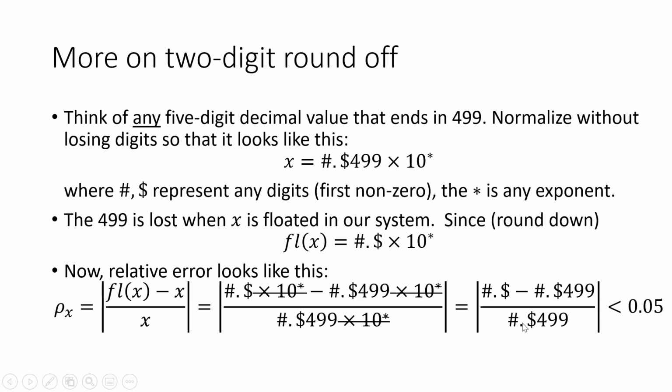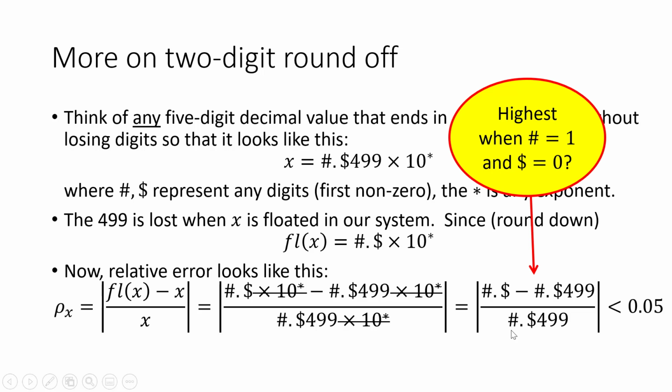That's when this is going to be max. And the smallest that first digit can be is a 1. It can't be a 0, but the dollar could be a 0. So when you do that, you end up with pretty much the biggest value you can. And I don't believe you could actually reach the 0.05 because you'd be putting the true value in there.